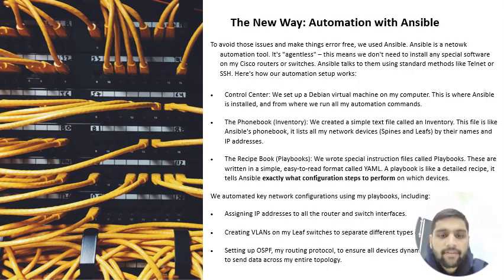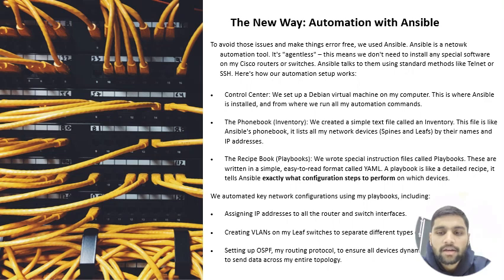Here we have included the control setup, where we also set up the Debian virtual machine on the computer, where Ansible is installed. Then there is a phone book, the inventory, where we set up all our switches and routers. After that there is a recipe book, where we wrote all the special instruction files called playbooks. They are written in a simple and easy to read format, YAML.